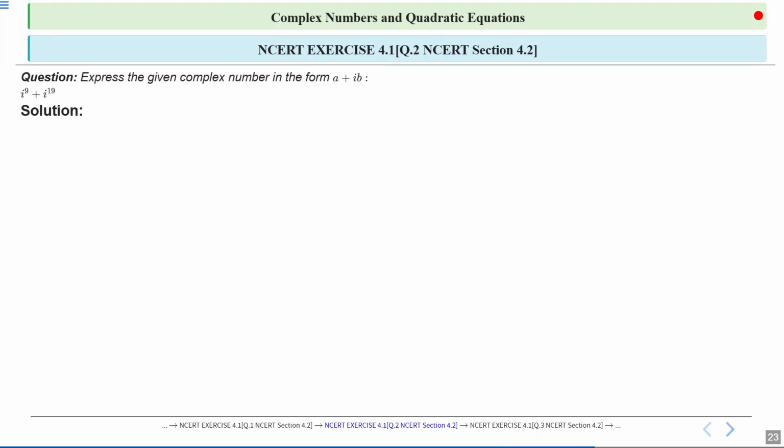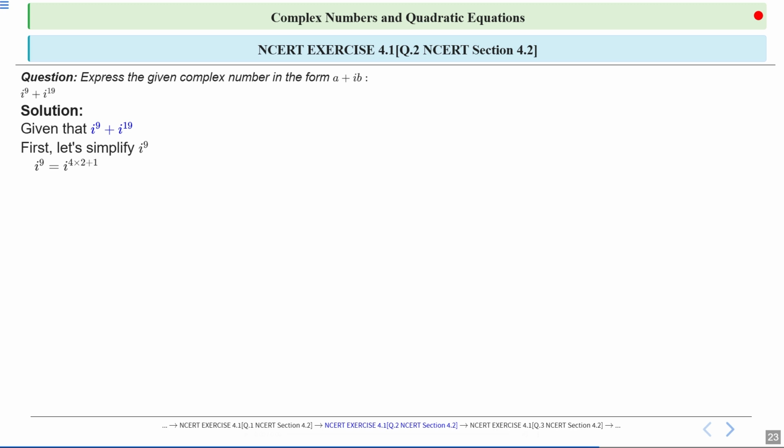Let's start the solution of this question step by step. Given that iota to the power 9 plus iota to the power 19. First, let's simplify iota to the power 9.